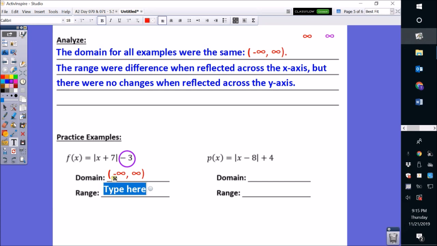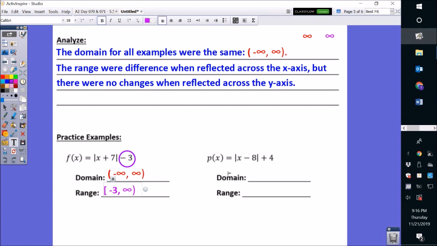So since it's starting at negative 3, we're going to use open bracket, and then negative 3, comma, and then it's going to end with infinity. So just like all the examples.